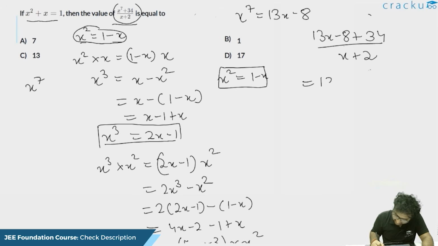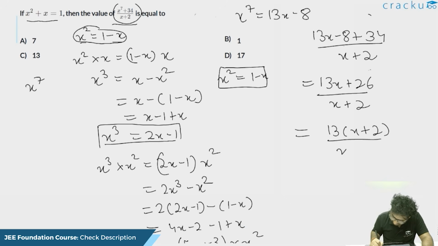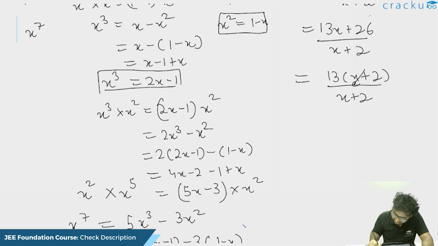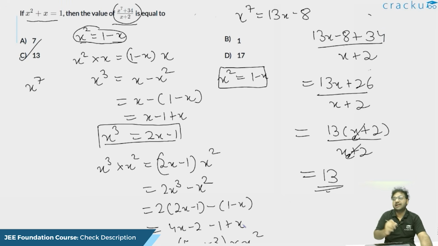So this will be equal to 13x plus 26 upon x plus 2. Now this will be equal to what? So if we take 13 common, x plus 2 upon x plus 2. So in this, x plus 2 and x plus 2 get cancelled out and we get the answer as 13. Hence option C is the correct answer.